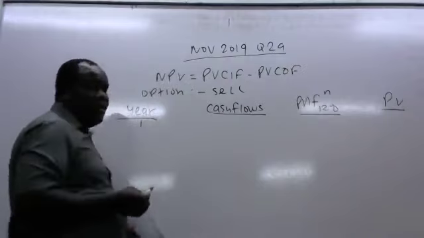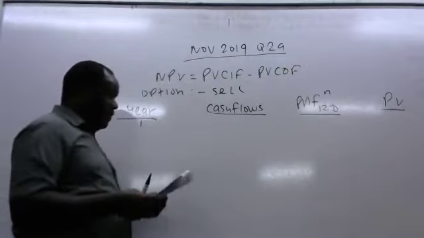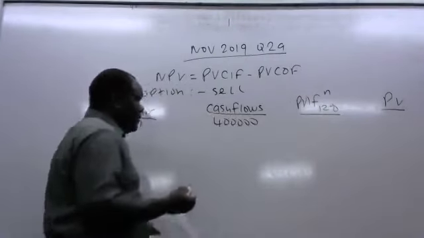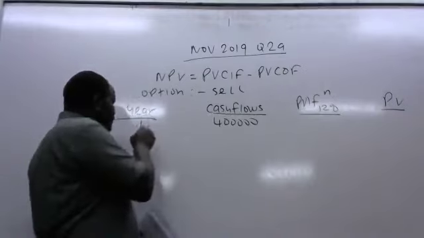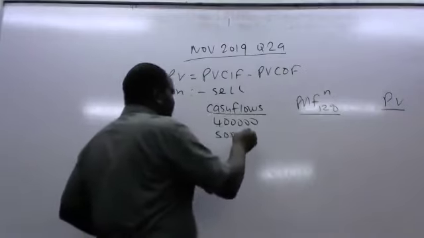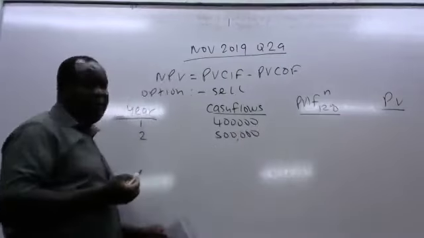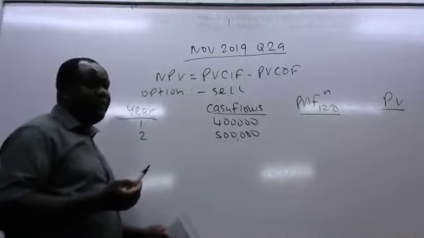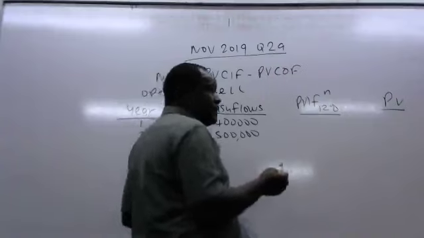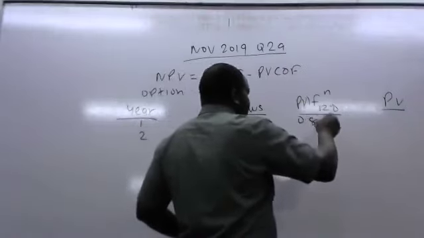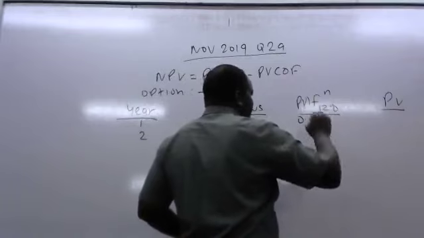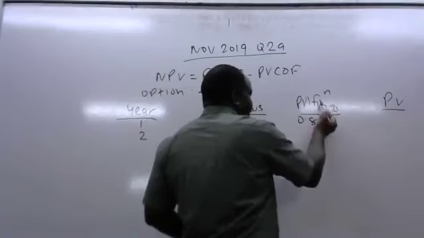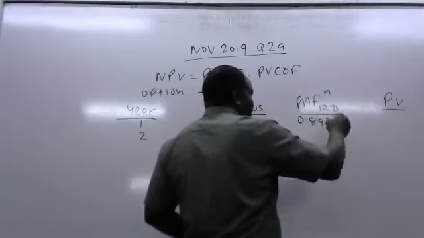Year 1 cash flows, you are given 400,000. For year 2, you have been given 500,000. So confirm for me in the table, the first table, what is 12% in year 1? 0.8929.